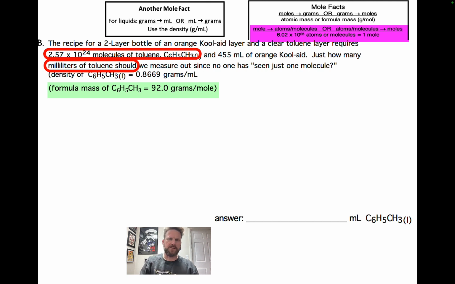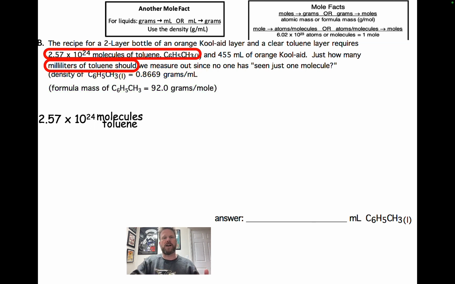The molar mass is given to us, so we know we have to use it. From here, we can use the density of toluene to convert from grams to milliliters. Once again, if we were given the density, we know we have to use it.